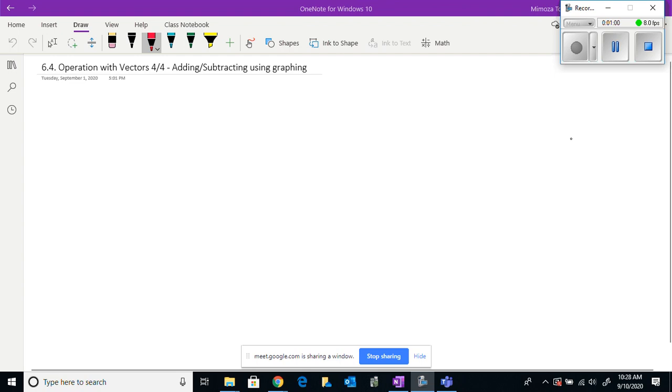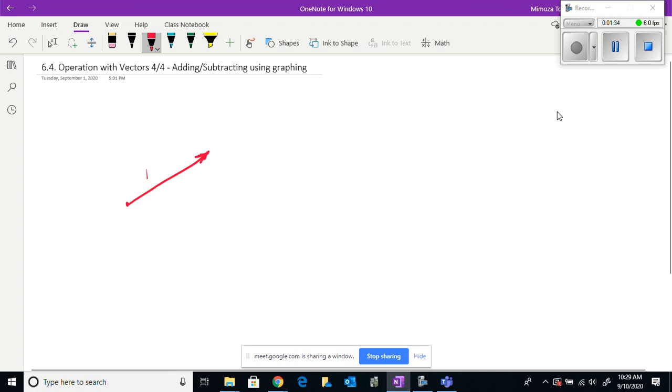Now let's see how we can add vectors using graphing. There are two methods. Before we start with the methods, if we have a vector, we know now that the vector is represented as a line segment with a starting point and a tail, ending with an arrow at the end.